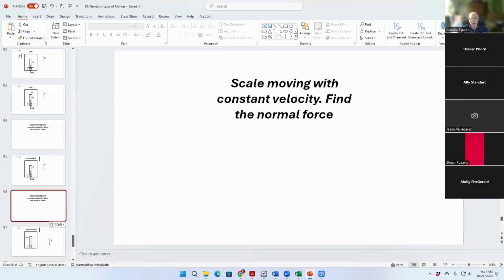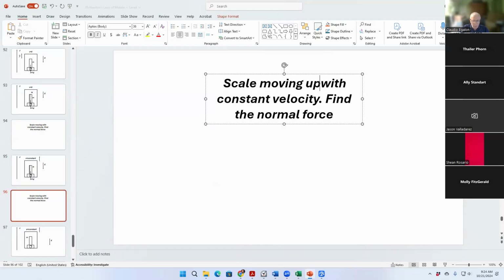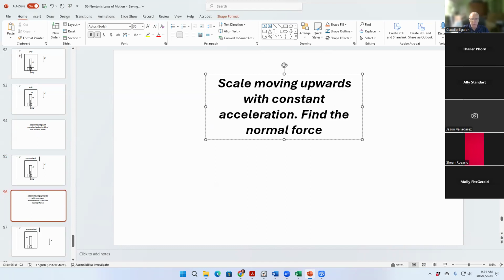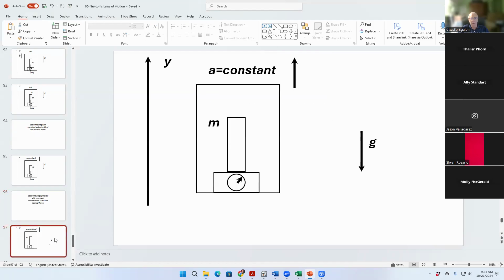It's moving upwards with constant acceleration. Find the normal force. So again, here's my test subject, upward constant acceleration.